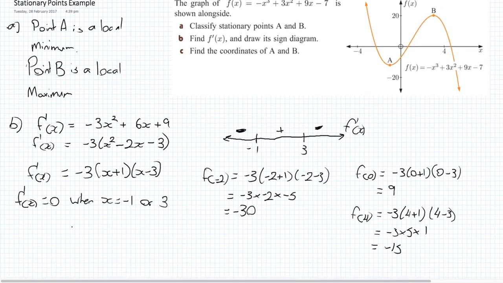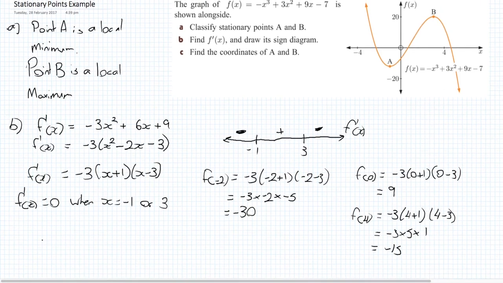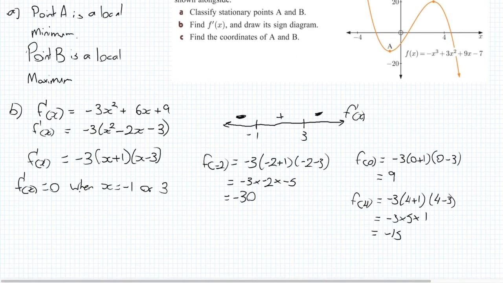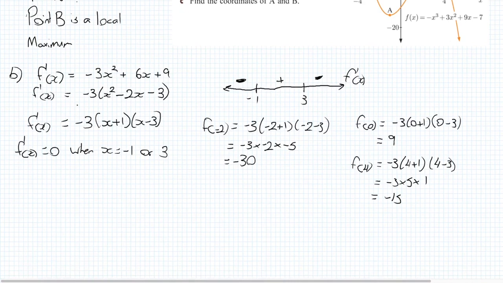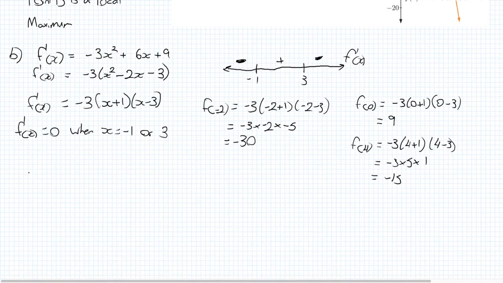Let's have a look. I'm going to scroll down a little bit and rewrite the function out so we can actually see it.